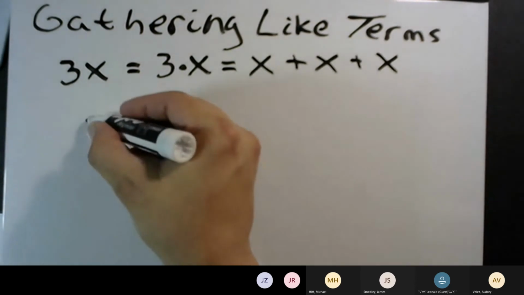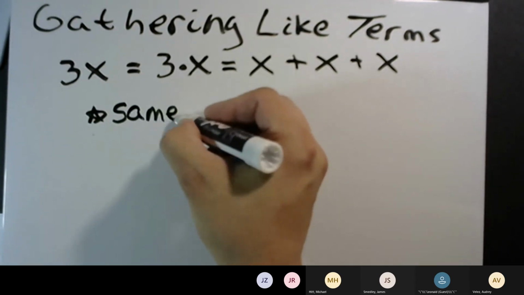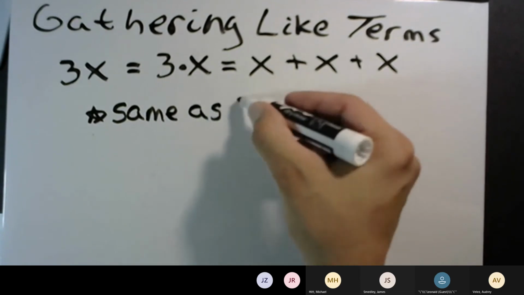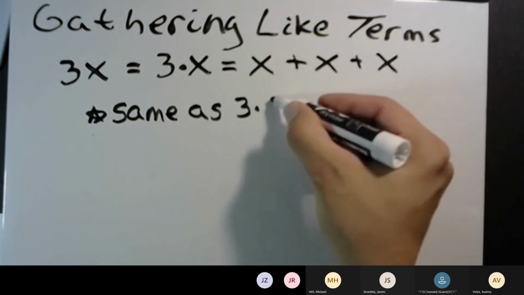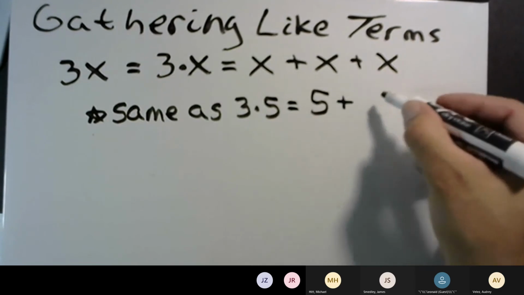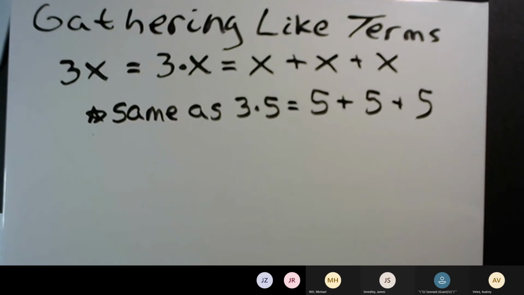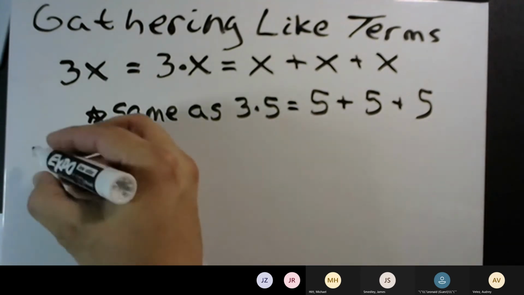The same way, if you have 3 times 5, it's 5 plus 5 plus 5. So that's a key thing with like terms. So this is how we come up with the rule.